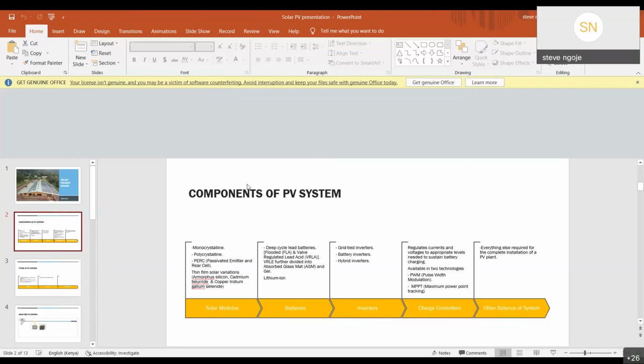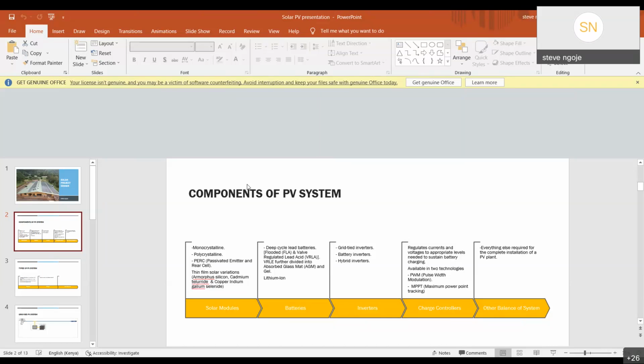I'll move to the last bit, which I gave a name like other balance of systems. Other than solar modules, most of the rest of the components, in the solar field, you will hear them talking about BOS, or balance of systems. Most of them are categorized under that.